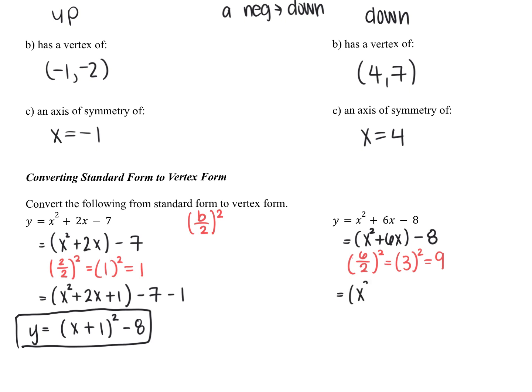So we're going to have x squared plus 6x plus 9 in parentheses, and the minus 8 minus 9 outside of our parentheses. When I factor x squared plus 6x plus 9, we get (x plus 3) squared, and then negative 8 minus 9 is negative 17.